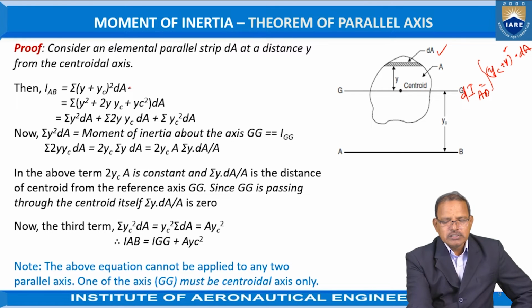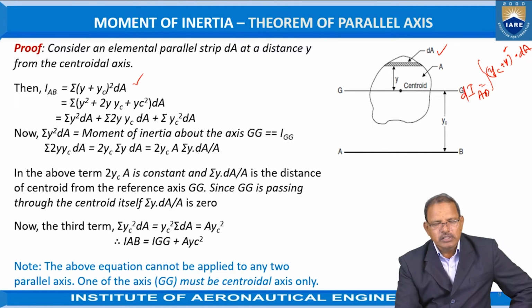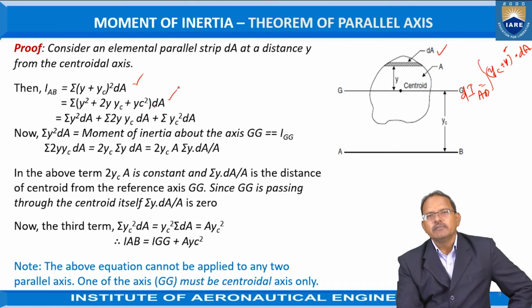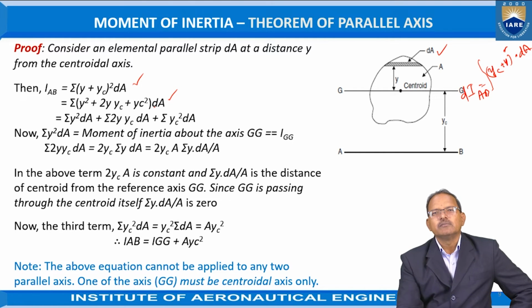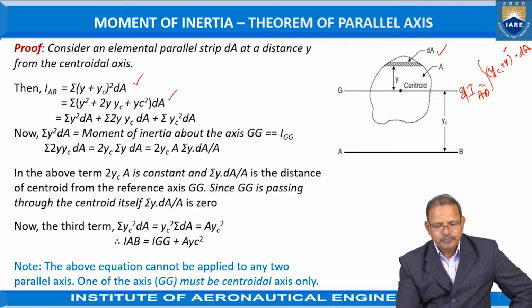Expanding it, since it is in the form (A plus B) whole square, we get Y square plus 2 Y YC plus YC square into dA. Sigma here means the moment of inertia possessed by all the elements about the line AB.